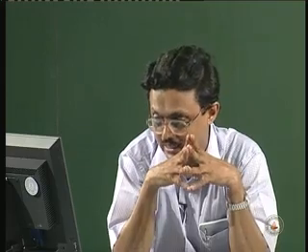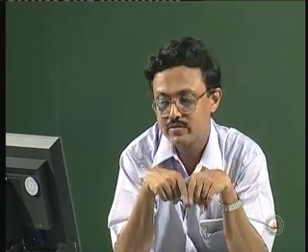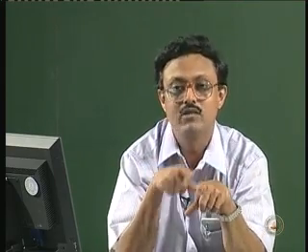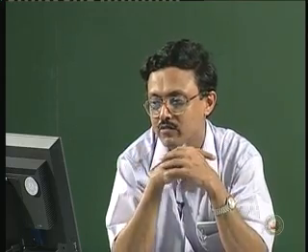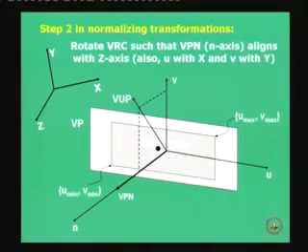The camera has its own view plane normal, the N axis, and its own X and Y, which we call U and V. This diagram we already know: where is the view plane, what is the view up vector, what is the VPN, the center of the window CW, the view reference point and all that.